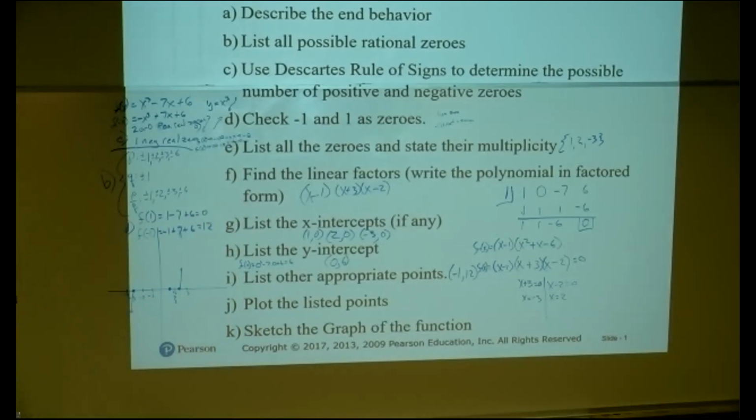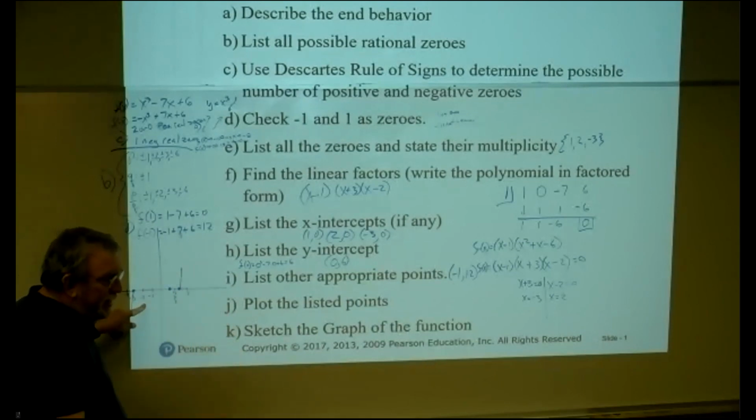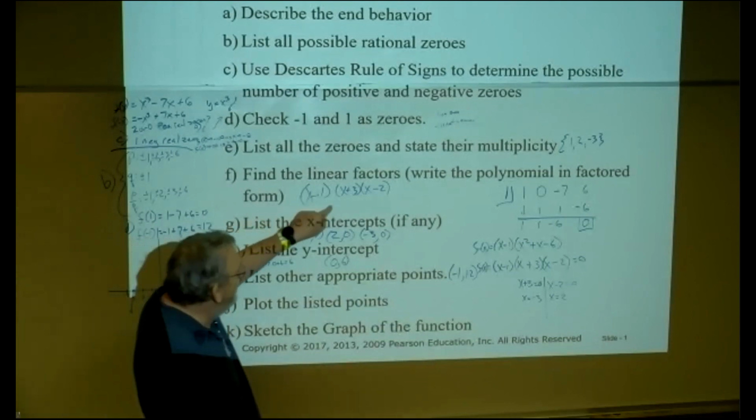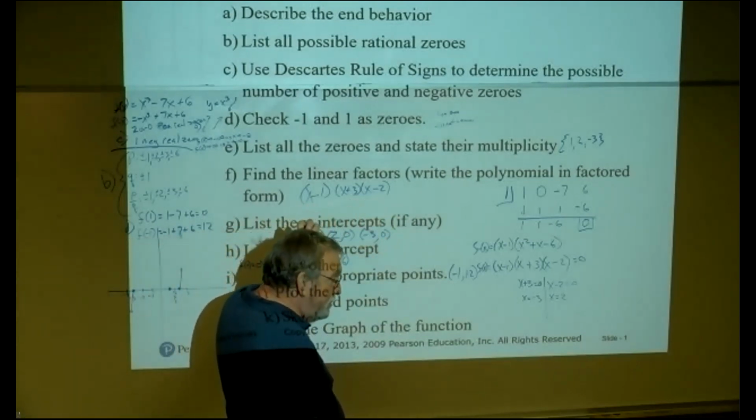And so now we look for other points so we can refine here. I want to find out what happens at -2. So I'm going to put -2 in for x. I can either do the synthetic division again, or I can use the factored form. I like using the factored form because it gives me numbers I can do mental arithmetic with.